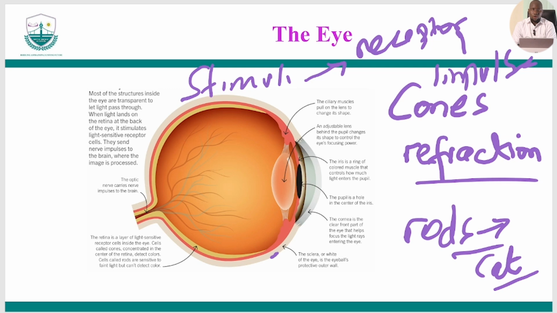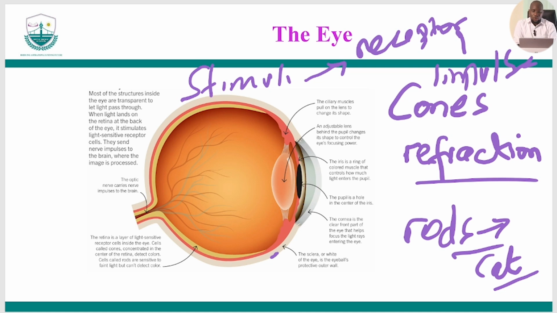So when you see an object, the rays from the object enter your eye and then land onto the retina, and then the photoreceptors convert the light rays into electrical impulses, and these electrical impulses are transmitted using the optic nerve.